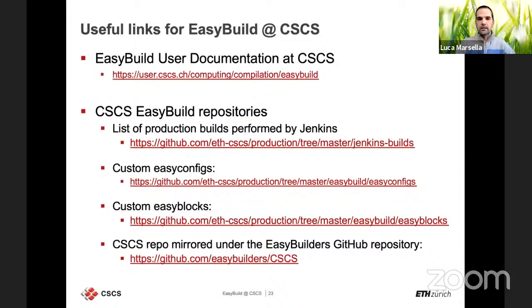So you have the link at the bottom under EasyBuilders. There is a CSCS space where you can find all the recipes that we use on the Cray mainly, although we also have a MeteoSwiss system where we use the standard FOSS toolchain.